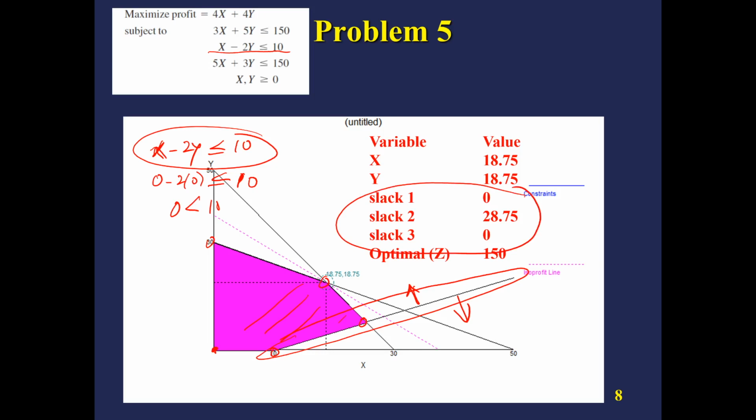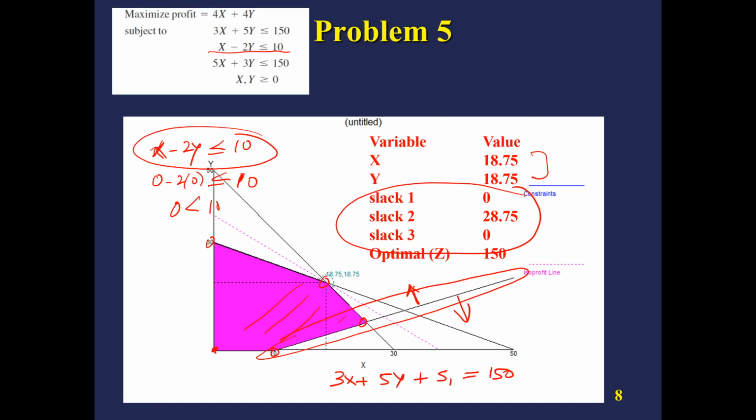Once we have the optimal solution, we just put these values in the constraints to find out the slack values, because slacks appear when you make the equality. For example, the first constraint 3x plus 5y plus S1 equal to 150.